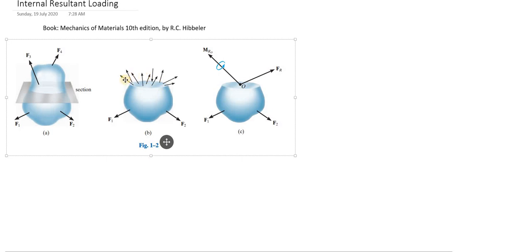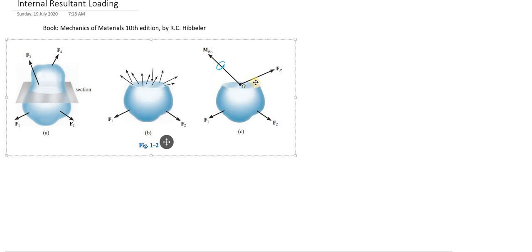Now, without going into the exact shape, into how the internal stresses will be exactly distributed over this area, we do know that there will be two resultants that must be produced. One is a resultant force and the other is a resultant moment. All right, a resultant force and a resultant moment. These internal force Fr and internal moment Mr are necessary to equilibrate the effect of F1 and F2.